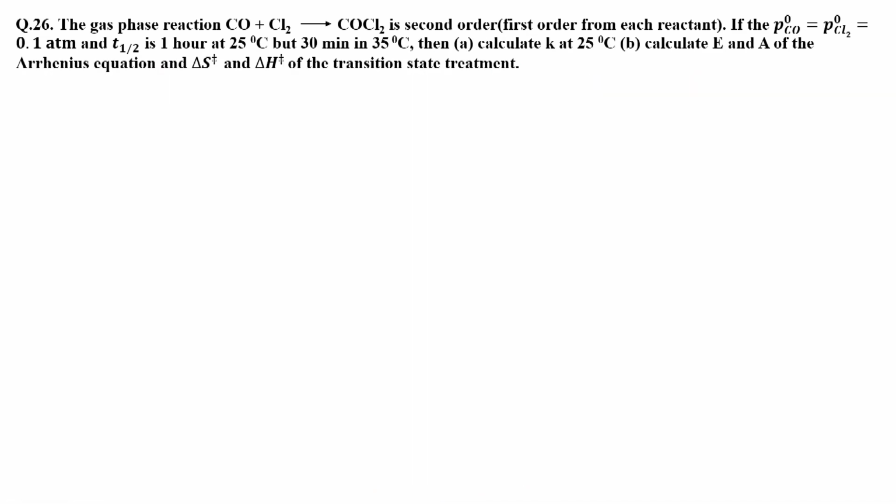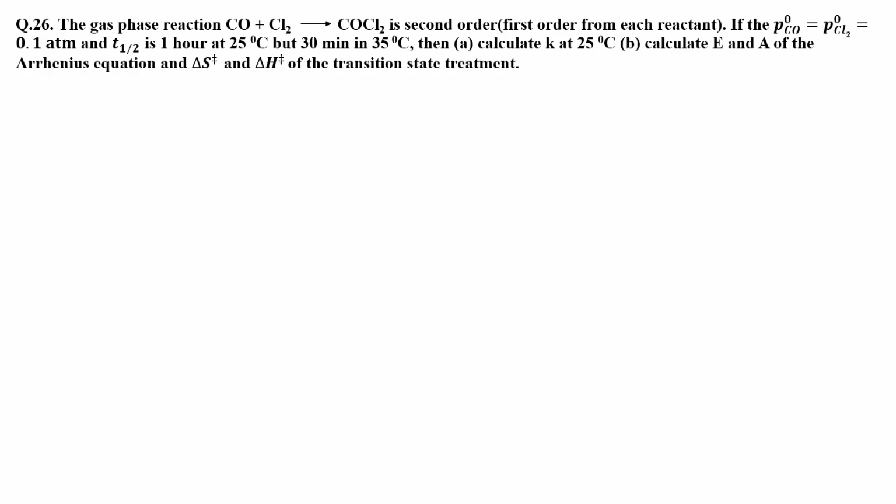Now problem number 26, it says the gas phase reaction CO plus Cl2 gives COCl2 is second order, so first order from each reactant. If the P naught CO equals P naught Cl2 equals 0.1 atmosphere and T half is 1 hour at 25 degrees Celsius, but 30 minutes at 35 degrees Celsius, then first calculate K at 25 degrees Celsius.